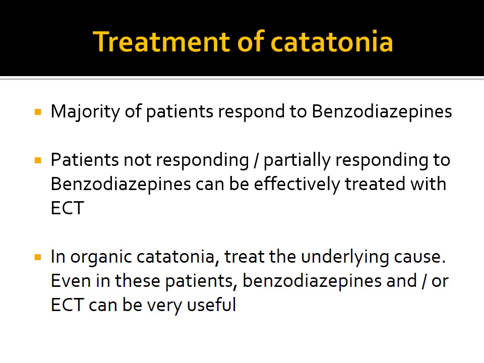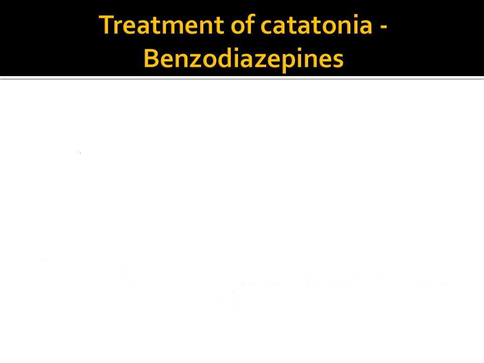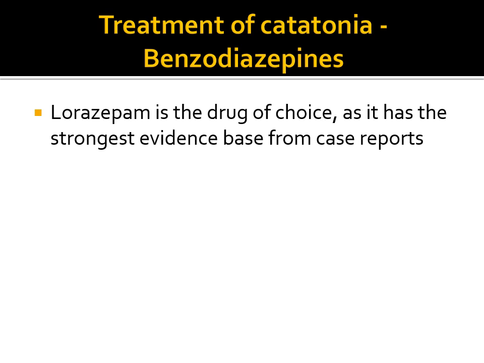In organic catatonia, the treatment obviously has to involve addressing the underlying cause of catatonia. However, even in these patients, benzodiazepines and or ECT can be useful. Among benzodiazepines, lorazepam tends to be the drug of choice as it has the strongest evidence base from case reports.